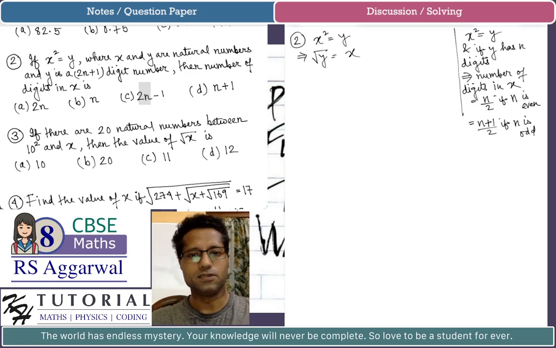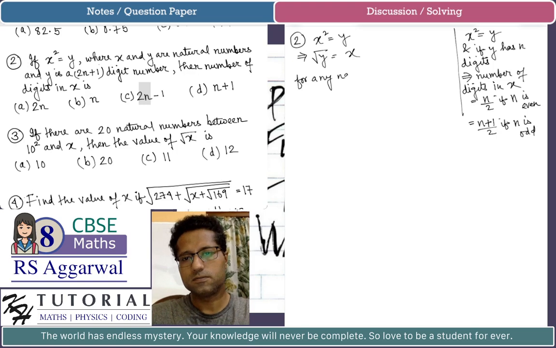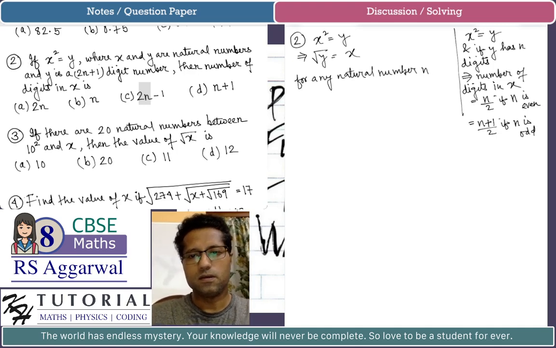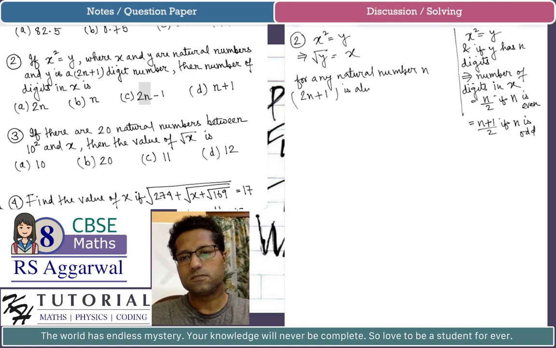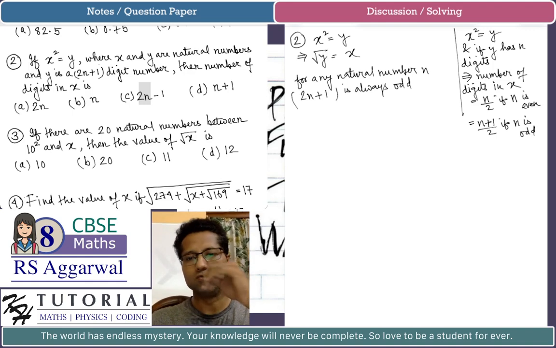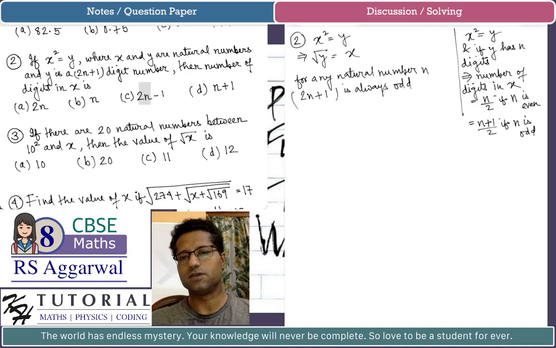So in this problem it is given that the number of digits in y is 2n plus 1. So for any natural number n, 2n plus 1 is always odd, because for any natural number 2n will be an even number, and any even number plus 1 is always an odd number.